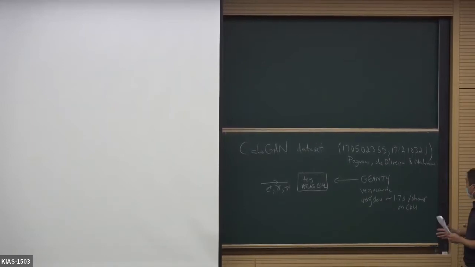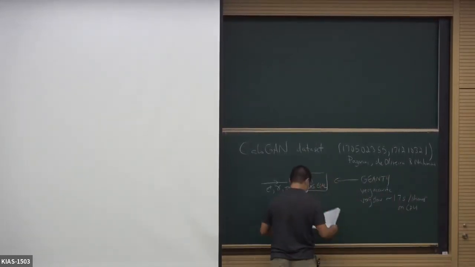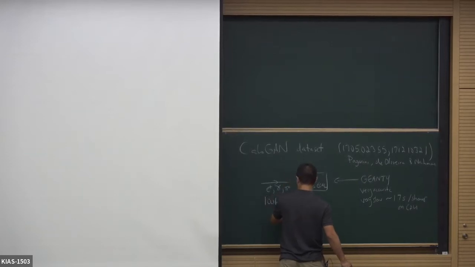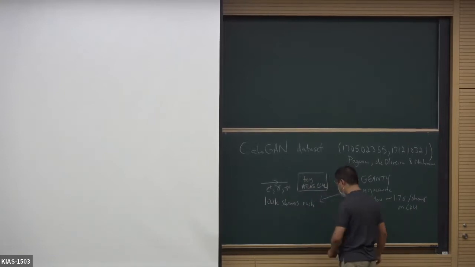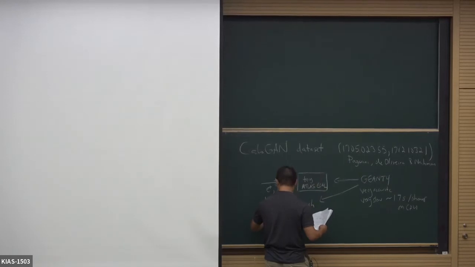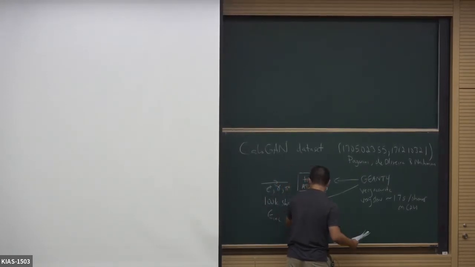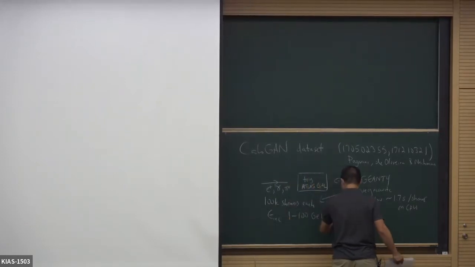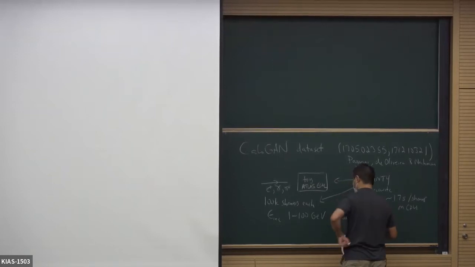Okay? Good. So then they considered electrons, photons, and pions, 100,000 showers each, generated using Geant4, with energies ranging from 1 to 100 GeV. I forget now if it's sampled uniformly or log-uniformly.